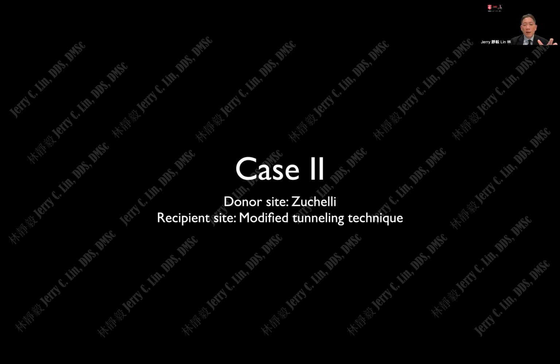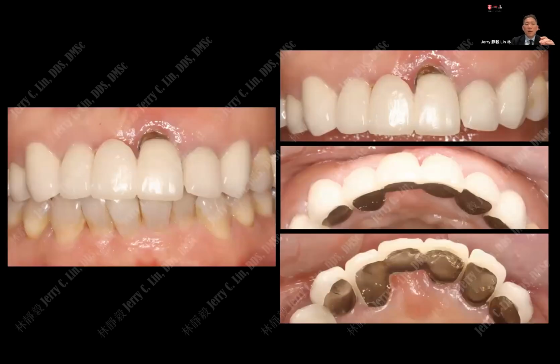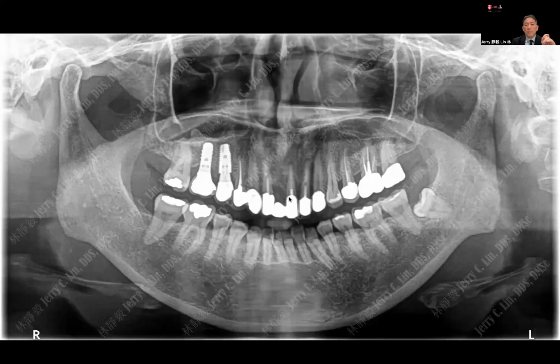There was another case I would like to talk about. Here I used a different technique, a tunneling technique. For this particular case, the patient had a fractured bridge, fractured central and lateral with an existing bridge.